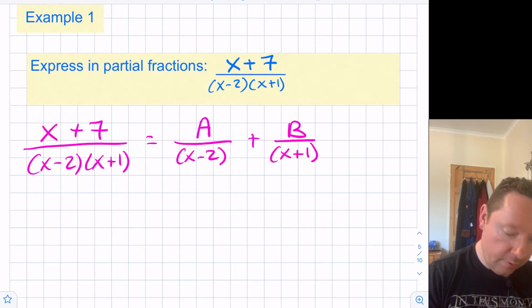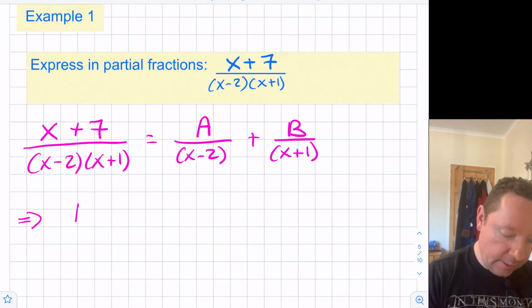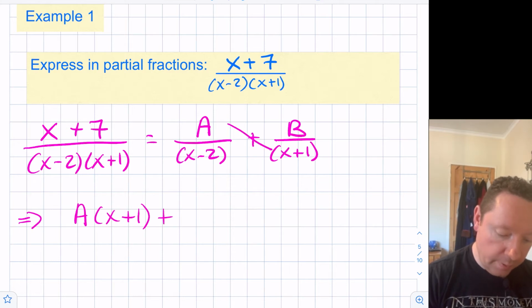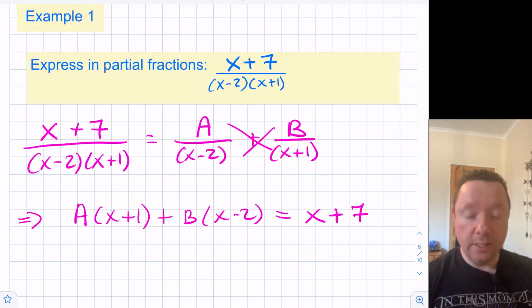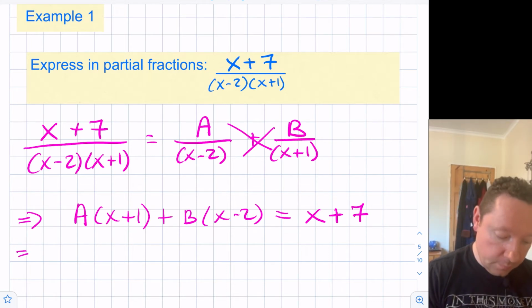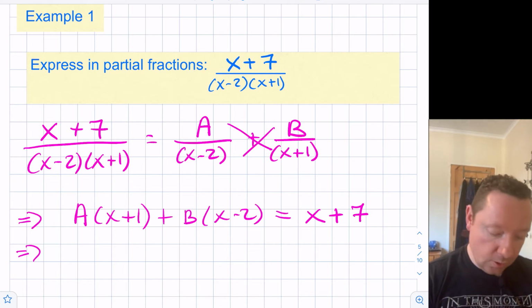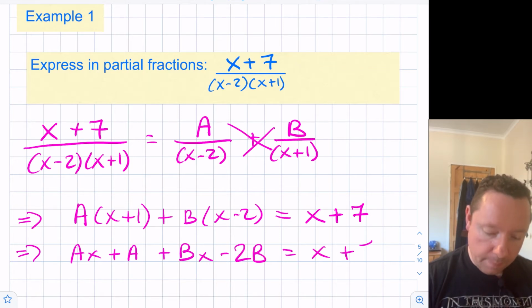So if I do that, that implies that a times x plus 1, thinking of it like a cross, plus b times x minus 2, must equal the numerator that's already there, which is x plus 7. So we can simplify that. Multiplying out our brackets, we get ax plus a plus bx minus 2b equals x plus 7.